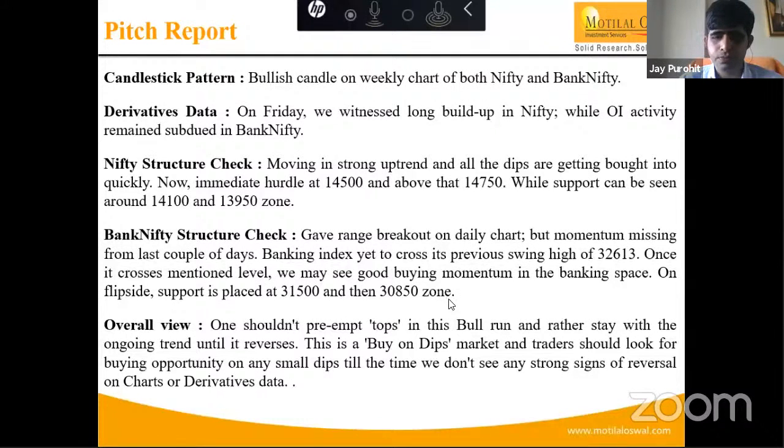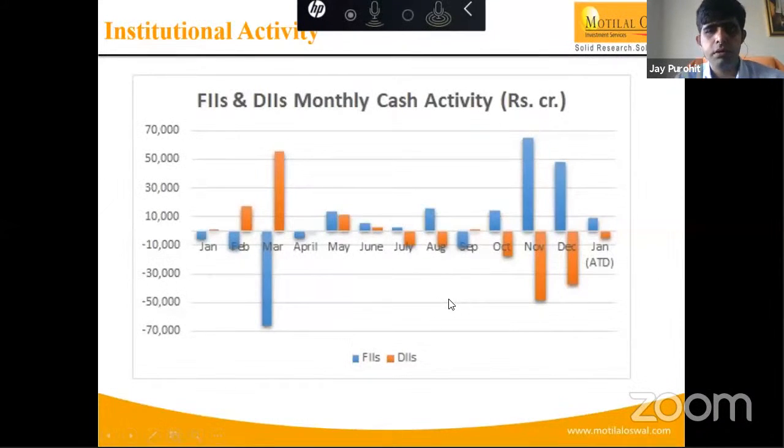Okay, now this is strongly backed by the strong buying from the FIIs' desk. You can clearly see that for the last 3 months, October, November, December, we are seeing buying from the FII side, and in November and December the bars are so high that in these 2 months they bought more than 1 lakh crore worth of equities.